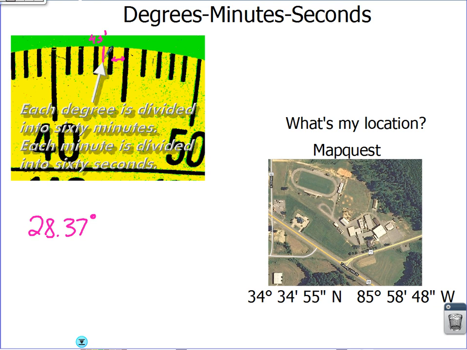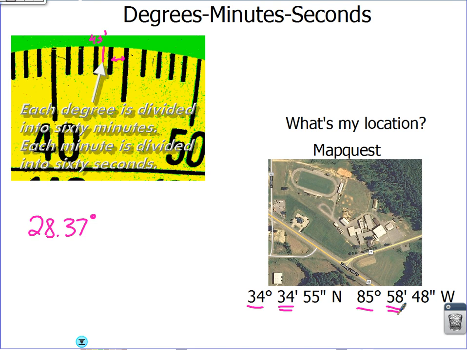Our location, 34 degrees north, 85 degrees west, would that get us to the school? No. It'd probably get us to the community, maybe Northeast Alabama. But once you threw in 34 minutes and 58 minutes, that might get us to the actual city. And once you throw in those seconds, that pinpoints it even more and shows us exactly where we're at. You could think of it as a big area, then a smaller area, then an even smaller area. Fine-tuning.